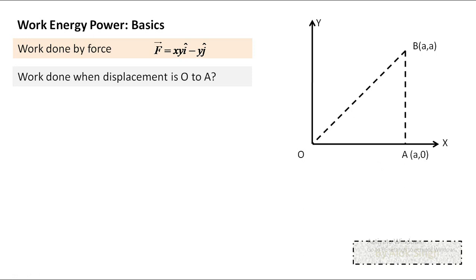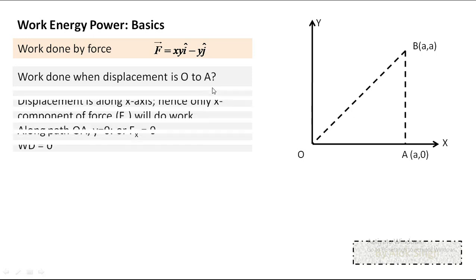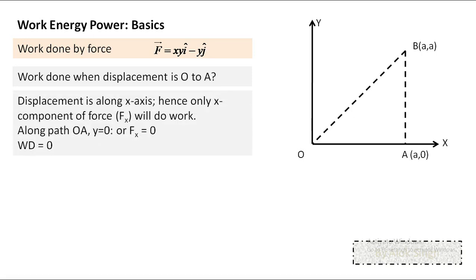Which component will do work? Only the i component will do work. J component is irrelevant. That's the first thing. Displacement is along x-axis. Only x component of force Fx will do work along path OA. Now we have to find out what is Fx.